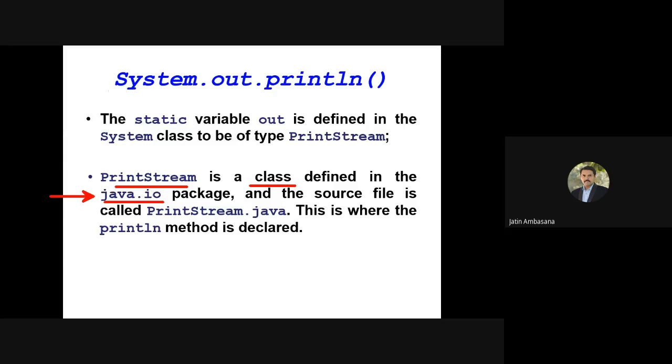The System class is available in that package, so you can print using that class. The println method is declared there, and we use it to print onto the screen.